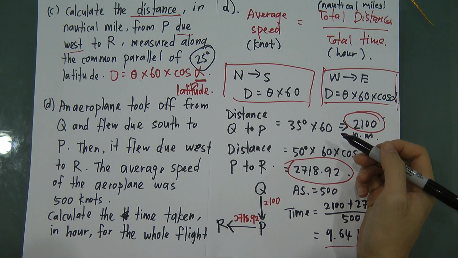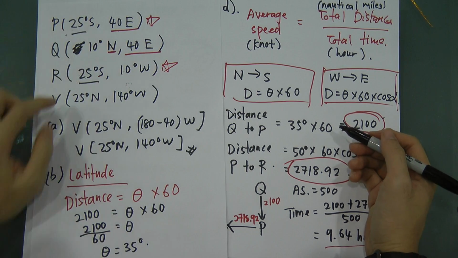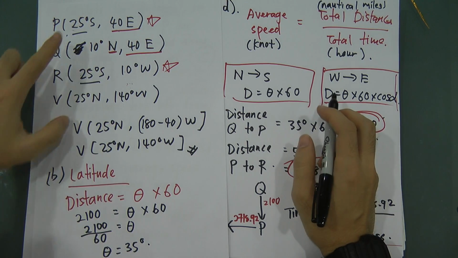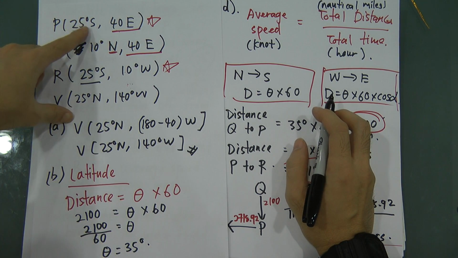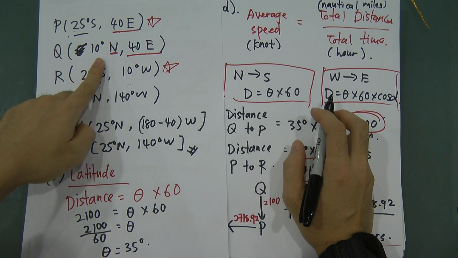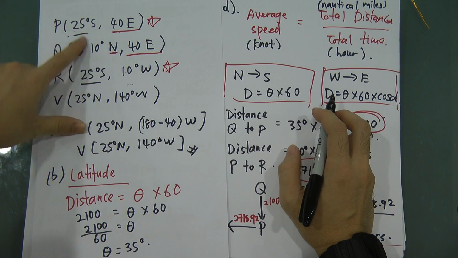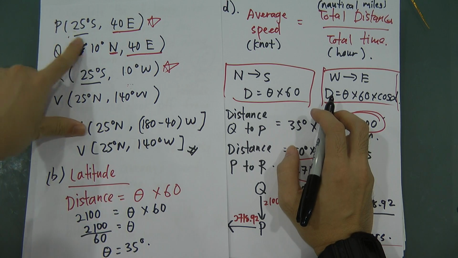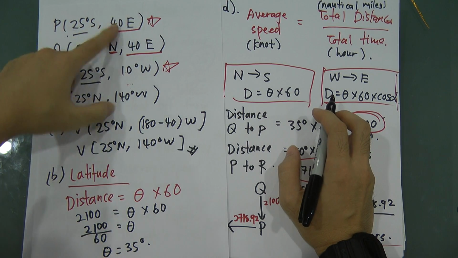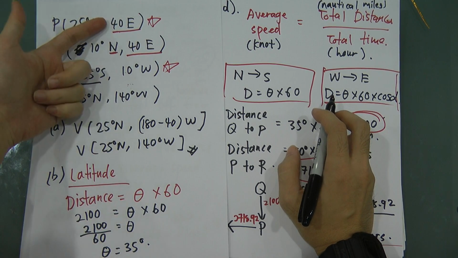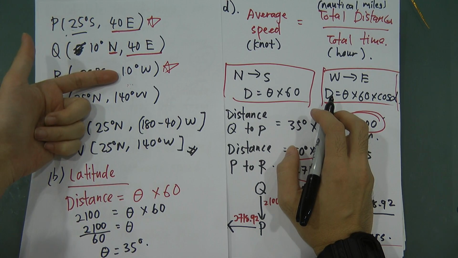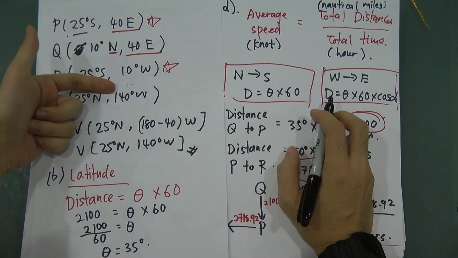That's why I always write down all the locations like this. When I write them down, I can easily see this is from 25S to 10N, or from 10N to 25S, so I know the angle between them is 35 degrees. For P to R, from 40 east to 10 west, the angle between is 50 degrees.